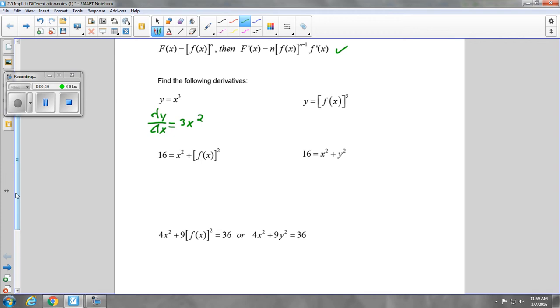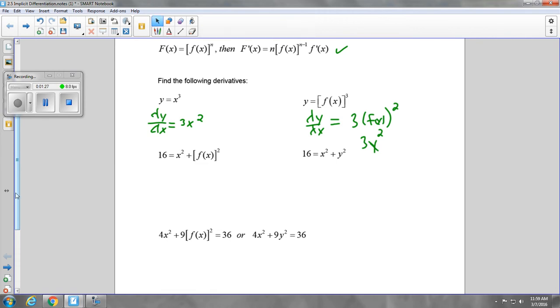If we look at this one, it's the same thing, but we're writing f of x. So y is equal to, instead of y, f of x cubed. So again, dy/dx would be equal to 3 f of x squared, or really 3y squared, same thing. Or 3x squared.